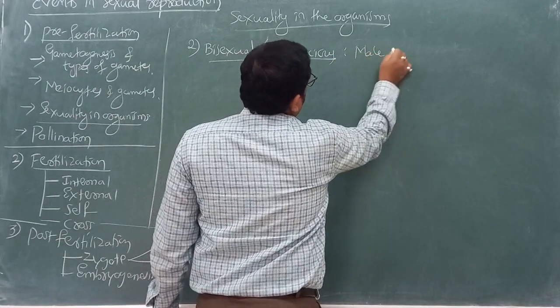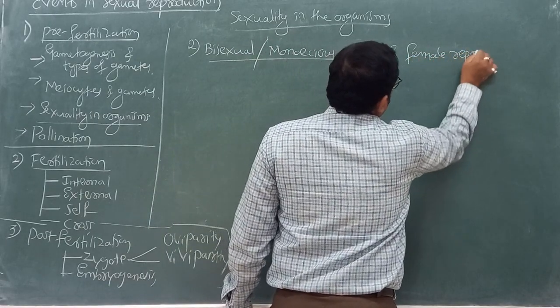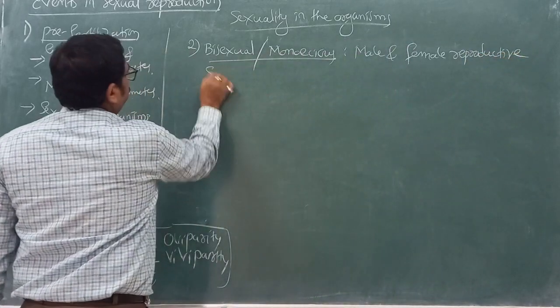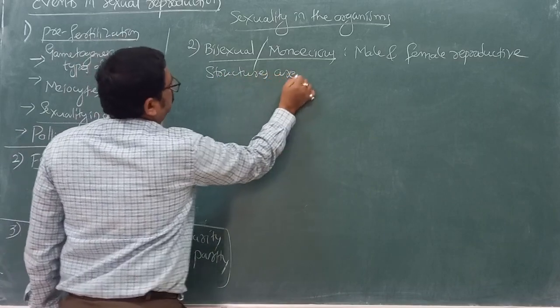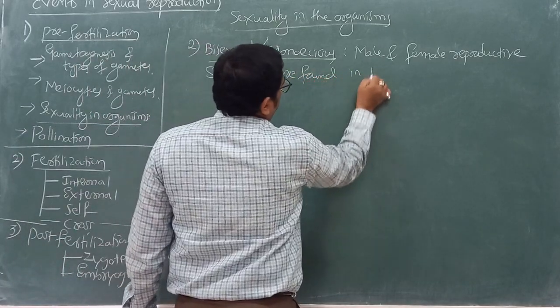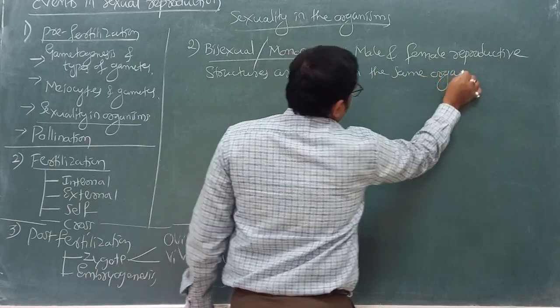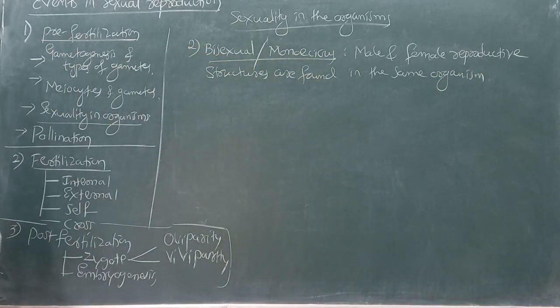Male and female reproductive structures are found in the same organism. That is called bisexual.